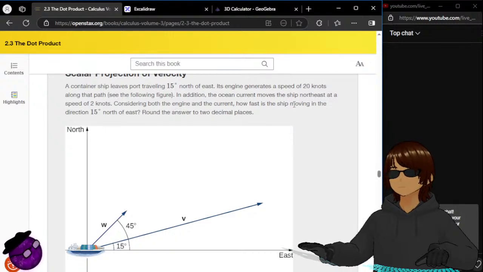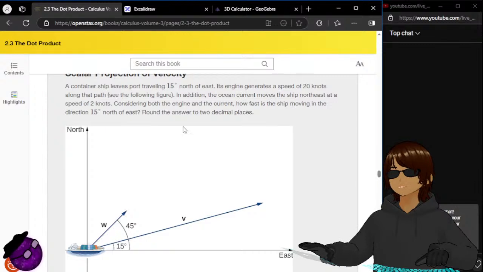How fast is the ship moving in the direction 15 degrees north of east? Round the answer to 2 decimal places. So what is this W over here?